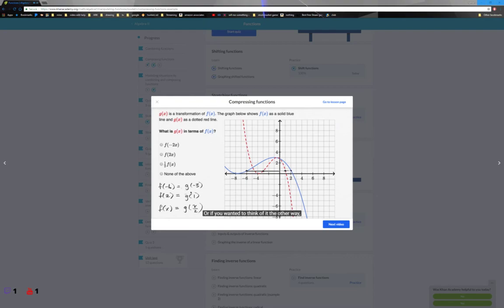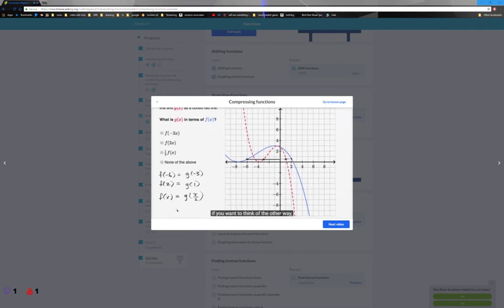Or if you wanted to think of it the other way, g of x is going to be f of, well, whatever we have here, it's f of twice that. So f of 2x. And we see that that is one of the choices, that g of x is equal to f of 2x. Whatever the x that you input into g of x, you get that same value out of the function when you input 2 times that into f of x. And these seem to validate that.